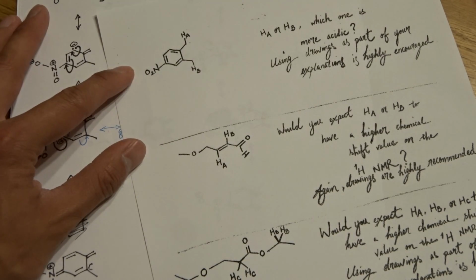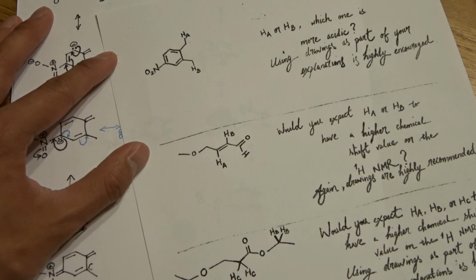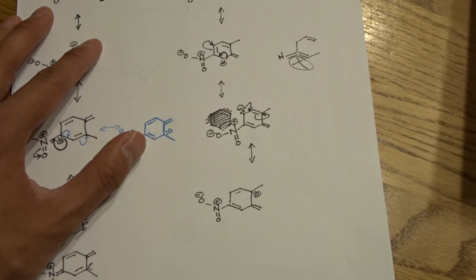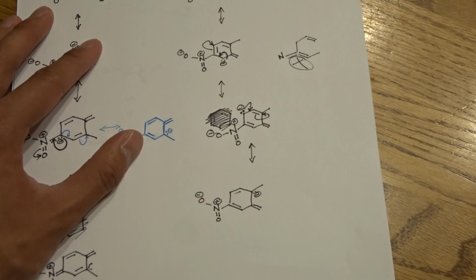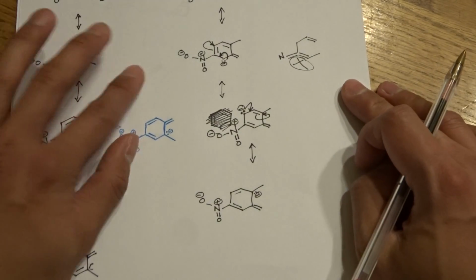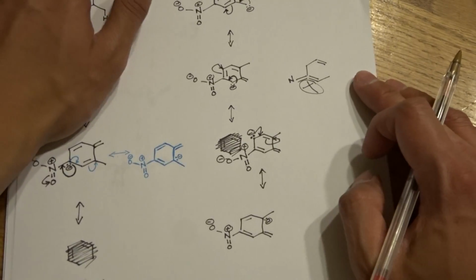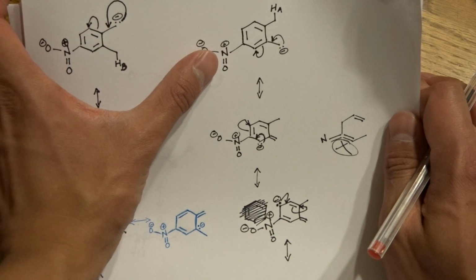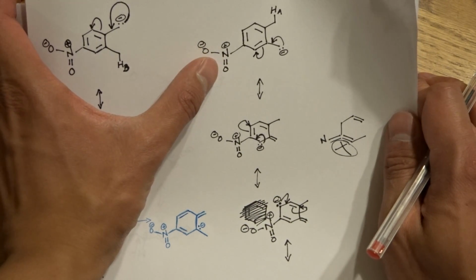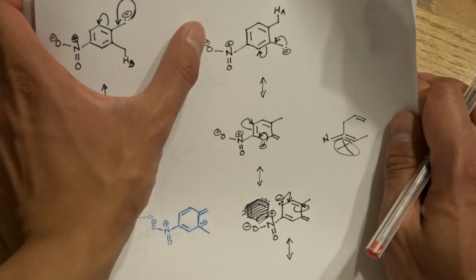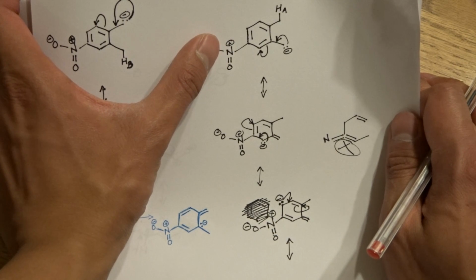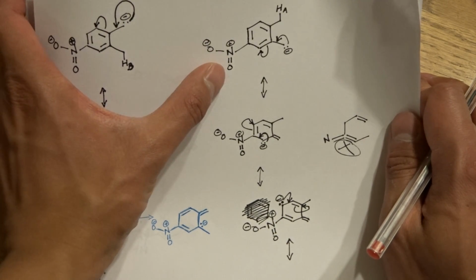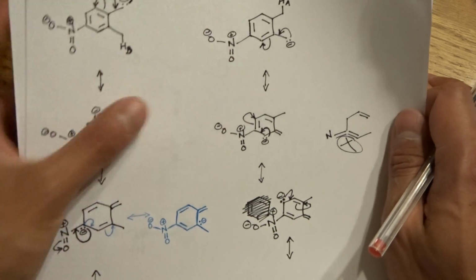This is your nitro group, and the nitro group has had a history of giving students trouble. So expand out your nitro group. Make sure you know what it looks like. None of the atoms have their octet rule broken. So this is what a nitro group looks like.